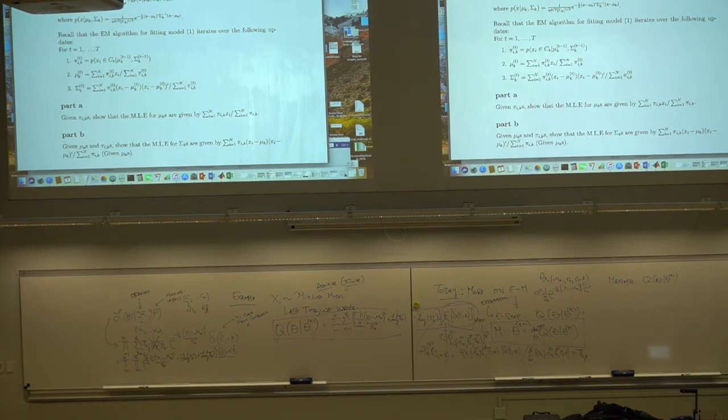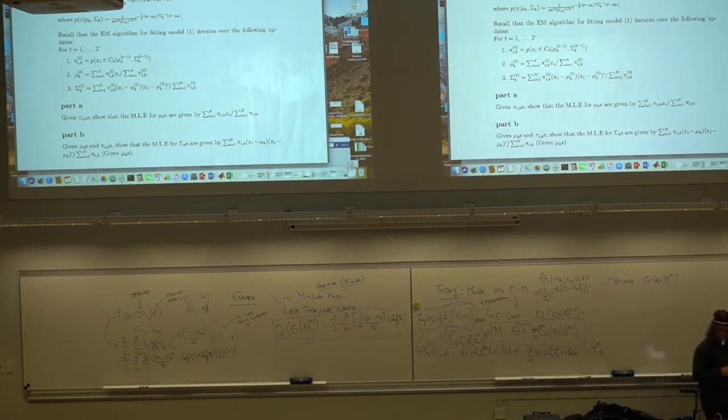The denominator, the summation, should there be probability of ci equals k? Yeah, we need those. Absolutely. This is good. My probabilities of ci equals k is in there as well. And I'm calling this thing pi i, the t iteration.